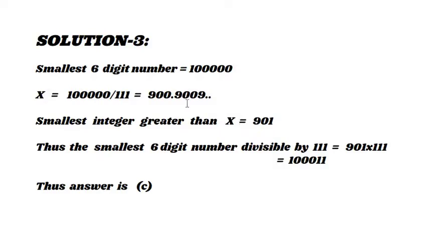So we choose 901 here, which is the smallest integer but greater than the value of x, 900.9009. Now let's multiply 901 and triple one, and the result is 901 into triple one, 100,011. That is, C is our desired answer.